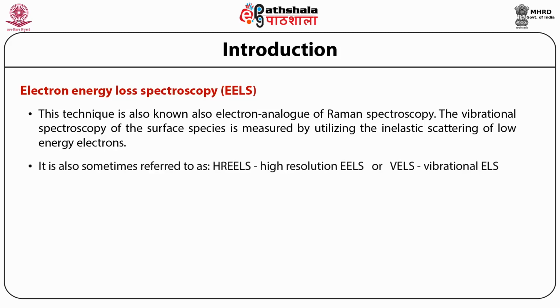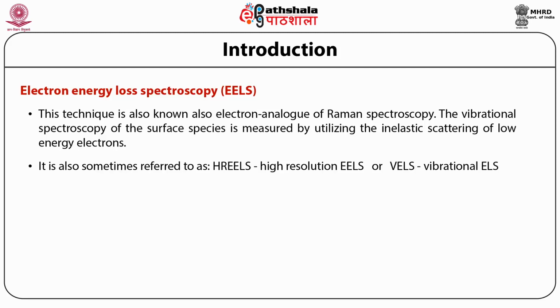It is also sometimes referred to as HREELS, high resolution electron energy loss spectroscopy, or as we call it, high resolution EELS, or VELS, vibrational ELS, as the other name goes for this.